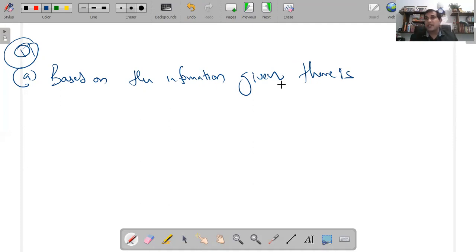Only one performance obligation, constructing the manufacturing plant. That is the obligation to the entity. So please write down that information. Based on the information given, there is only one performance obligation.